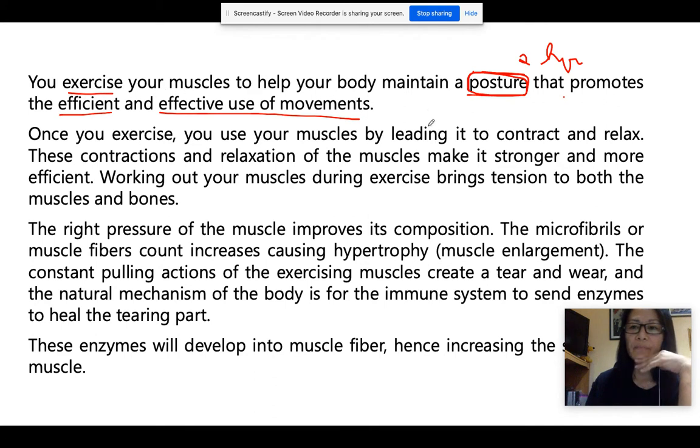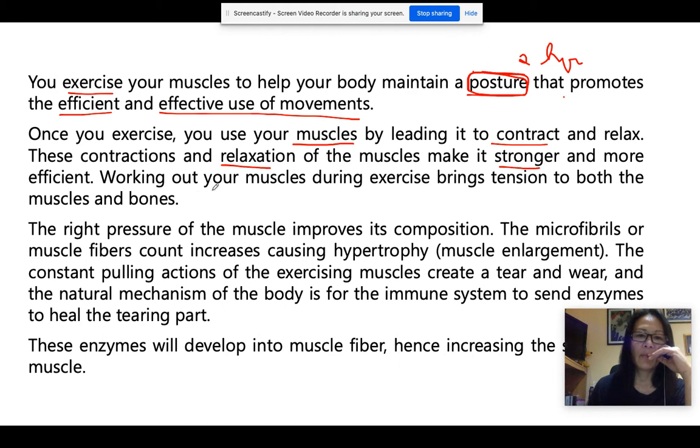No? Kasi ang muscle natin ay may plasticity, may characteristic siya na plasticity. Okay, so you also exercise because when your muscles are contracting and relaxing, this will result to relaxation or your muscles get stronger and more efficient.